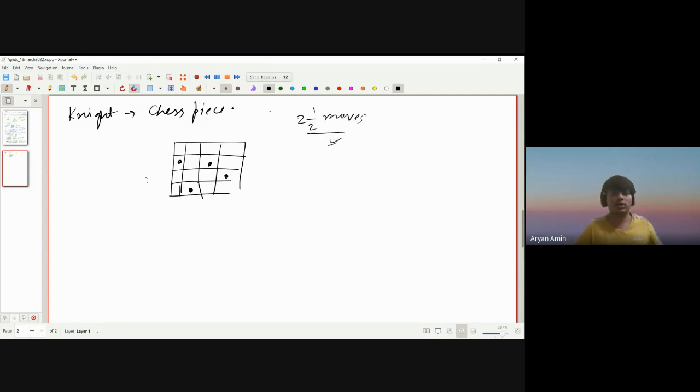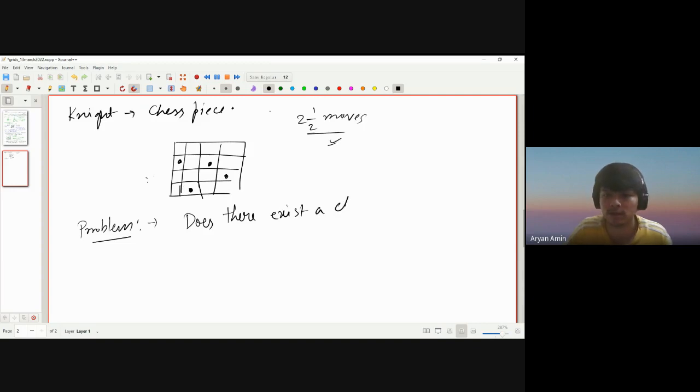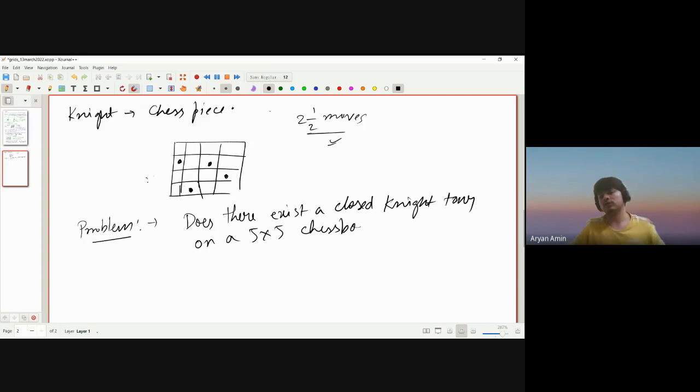Okay, so I'll tell you a problem. Does there exist a closed knight tour on a 5x5 chessboard? So what do I mean by a closed knight tour?